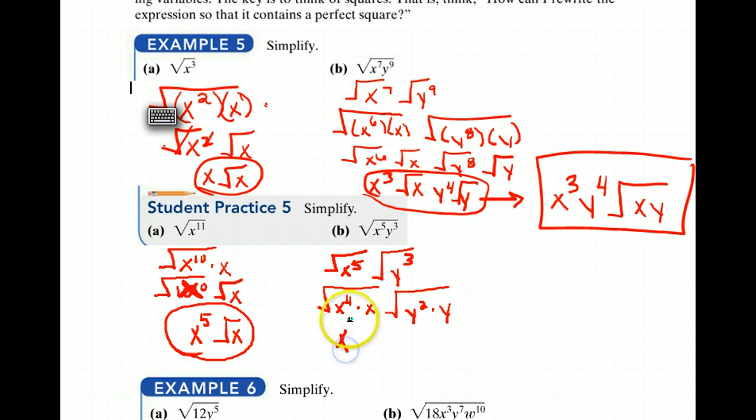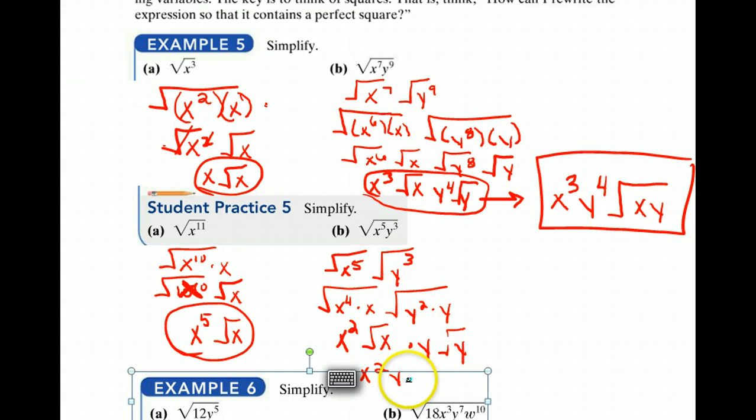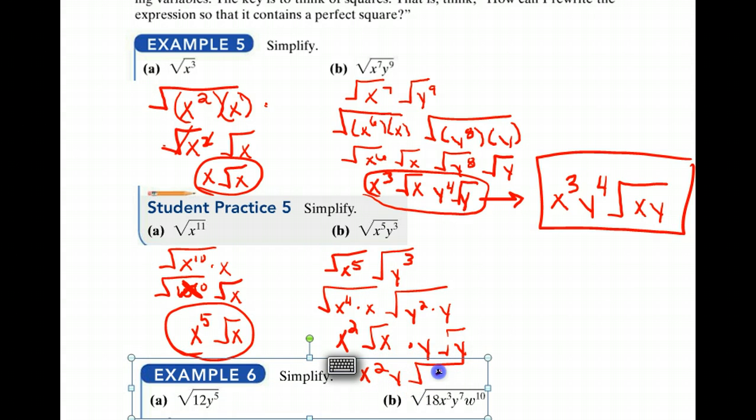So that becomes x squared root x. When we divide by 2 for the y, we will get y to the 1st root y. And then we combine our answers back together, so we get x squared y. Under the radical, you will have xy, final answer.